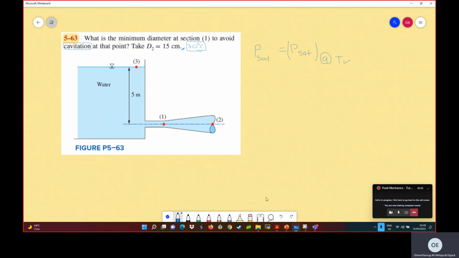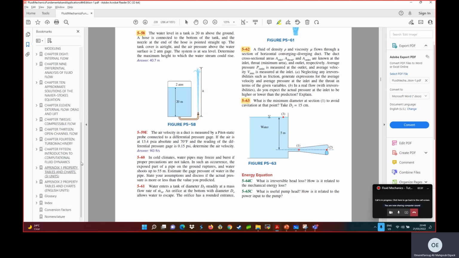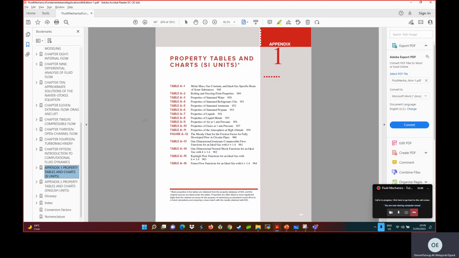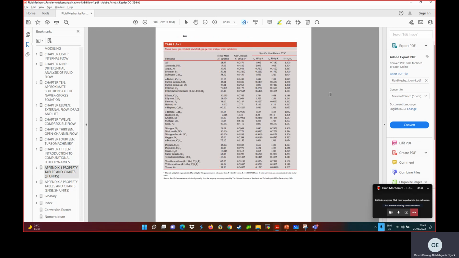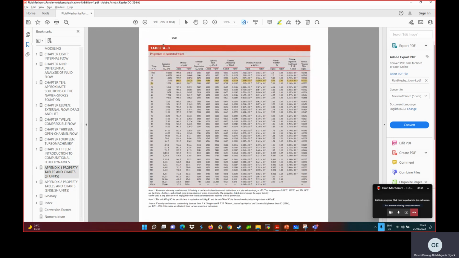Now, according to this temperature, just as I explained in the previous tutorial, I can go to the book, edition 4 or edition 3, whatever edition you have. You have appendix 1, go to appendix 1, or just go to page 247 in the PDF. Then go a few pages and you will find table A3 on page 250.